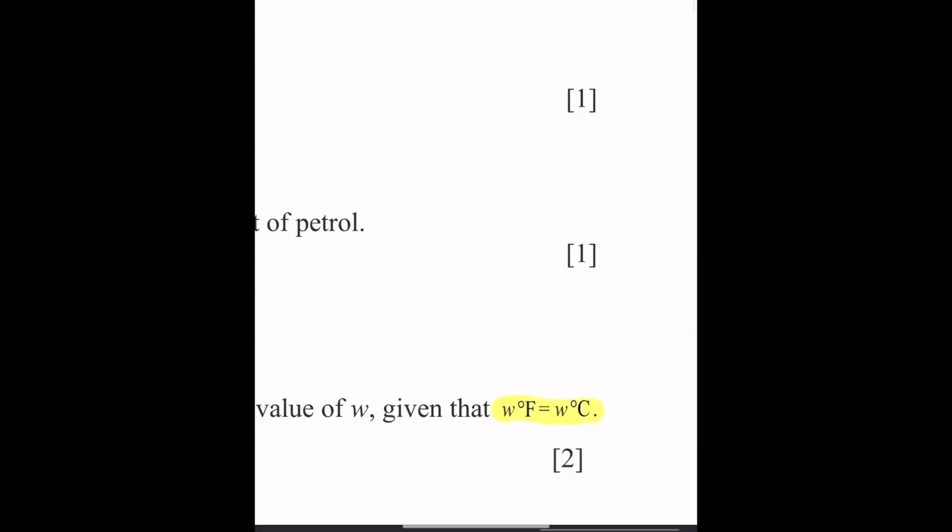Now let's take a look at part C. By drawing a suitable line on the graph, we have to find the approximate value for W given that W degrees Fahrenheit equals W degrees Celsius. I'm going to zoom in on this equation here.